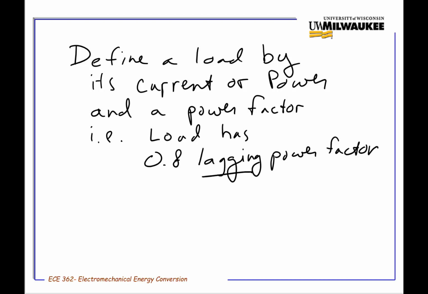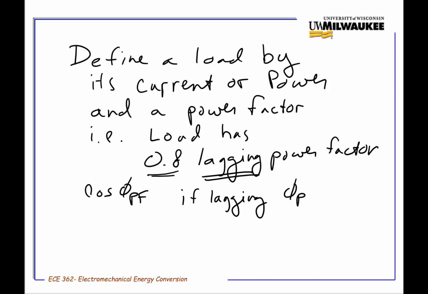So it's important that we stipulate whether it is leading or lagging, because the number of the power factor, which is the cosine of the power factor angle, doesn't tell us anything about the sign. Whether we say it is leading or lagging tells us. So if it's lagging, then we know that the angle is less than 0. If it's leading, the angle is greater than 0.